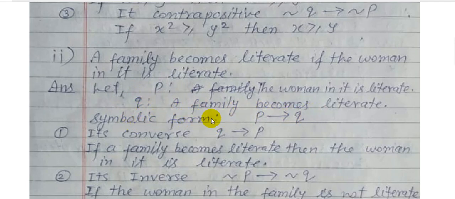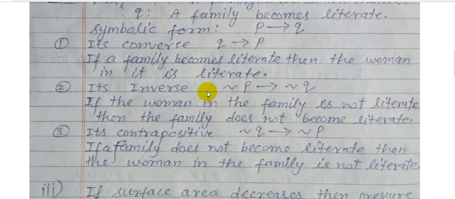So the symbolic form will be P conditional Q, and its converse is Q to P, Q conditional P. So what will be the verbal form of Q conditional P? The verbal form of Q conditional P is: if a family becomes literate, then the woman in it is literate. This is the converse.